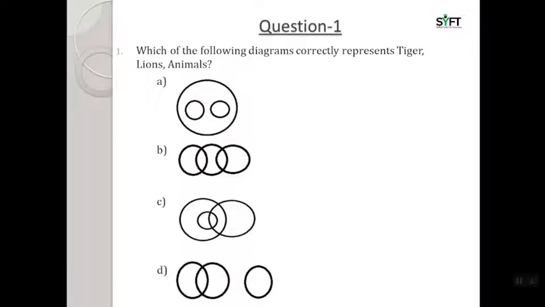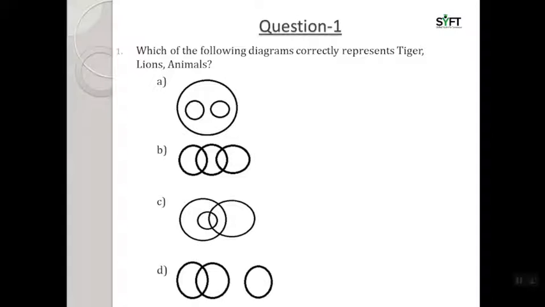We are going to do some questions based on the Venn diagram. Which of the following diagrams correctly represents tigers, lions, and animals? As we have discussed before, tigers and lions are two animals. They are not related to each other, but they live inside the animal kingdom.